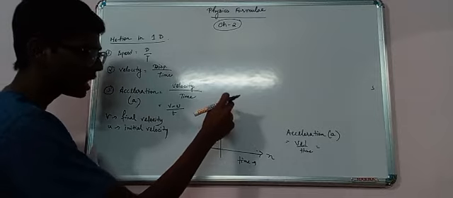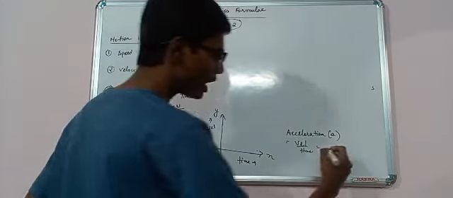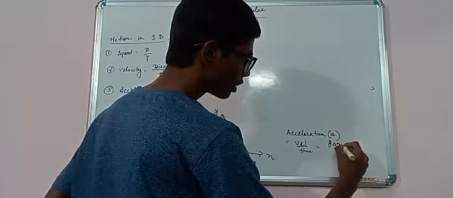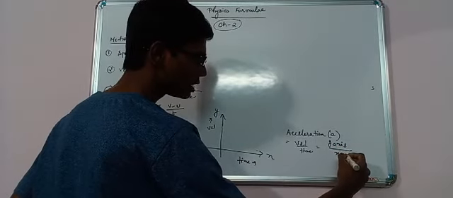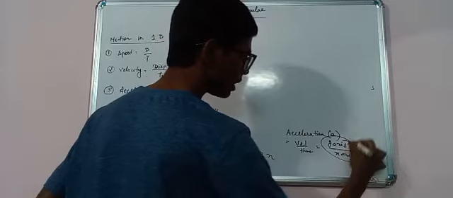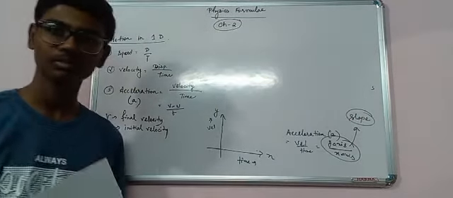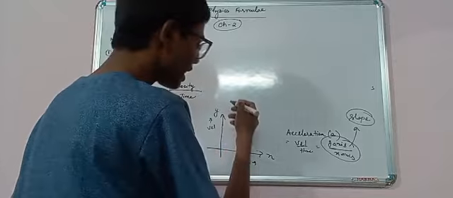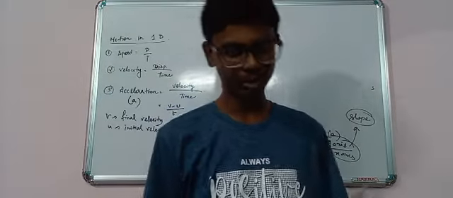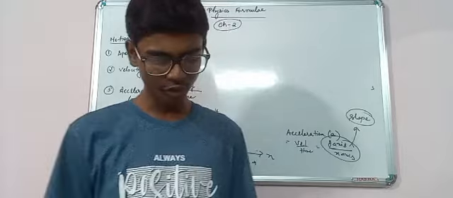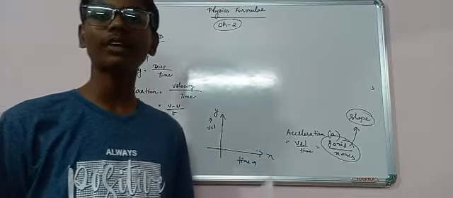We have to say y-axis by x-axis. Velocity is in which axis? Y-axis. Time is in x-axis. So y-axis by x-axis is called slope. The value on y-axis when divided by the value on x-axis, we are calling it slope. Done.